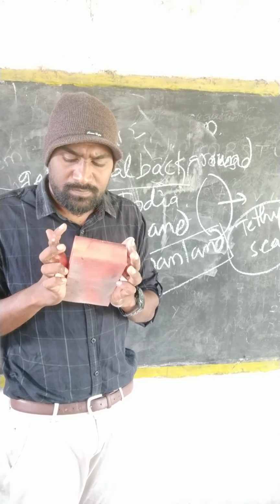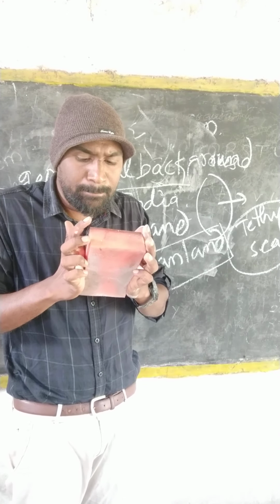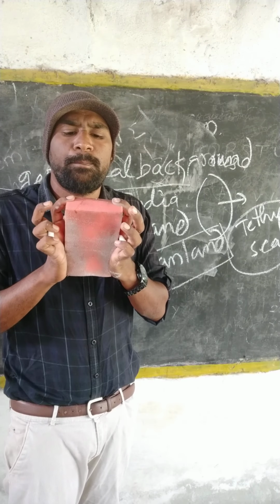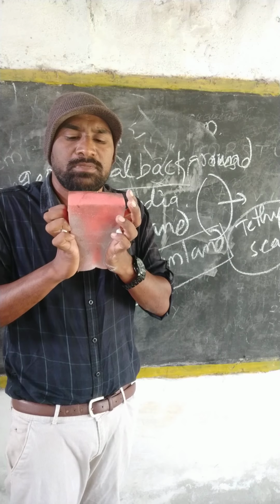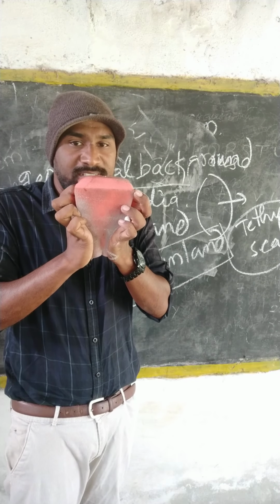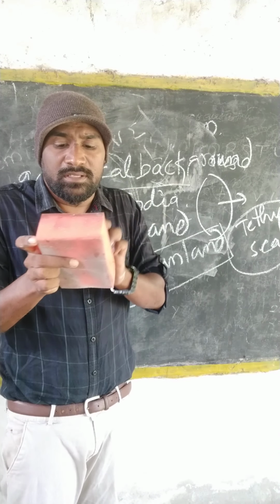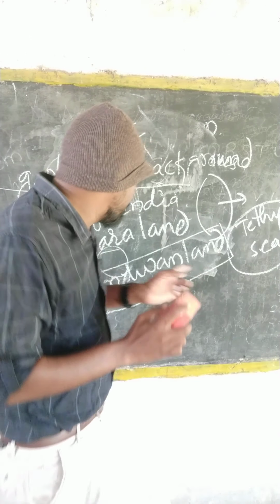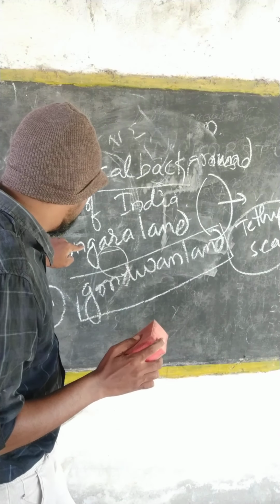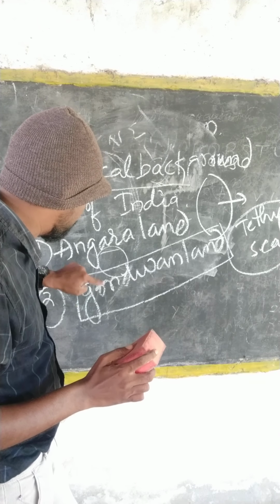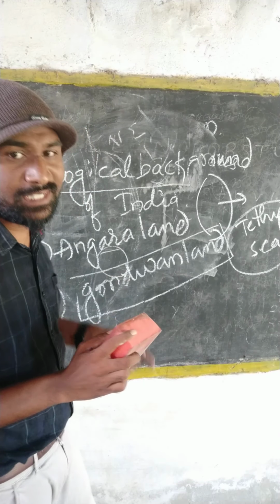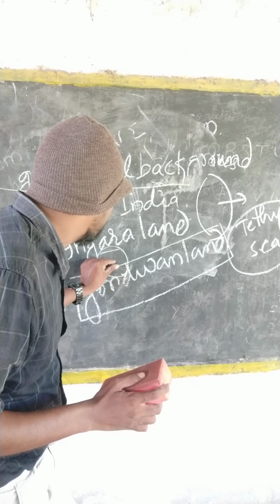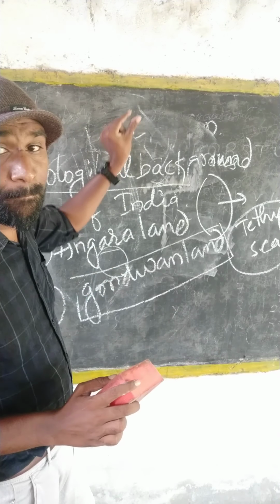If I use some force, that is, compress, then when we compress this, the upper part's height increases, right? In my hand, a duster is there. But according to our lesson, between these two parts the Tethys Sea is there. That is why the whole water comes up.